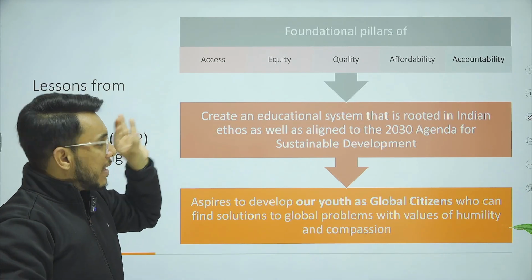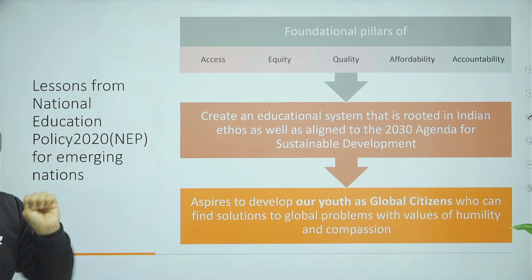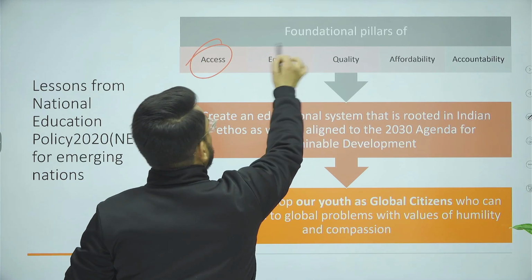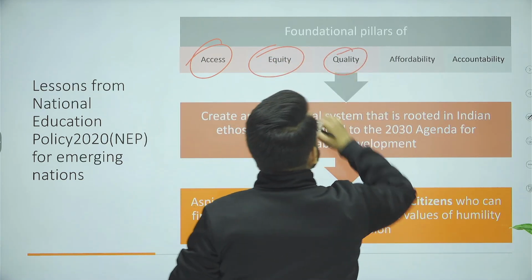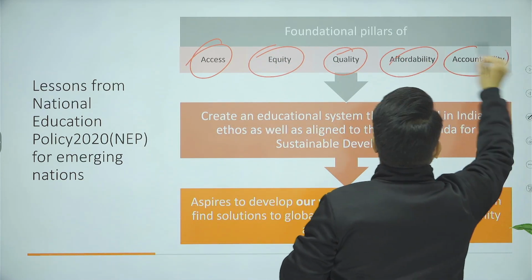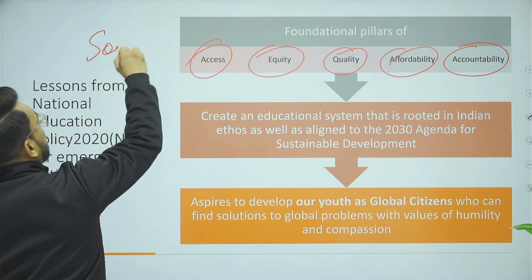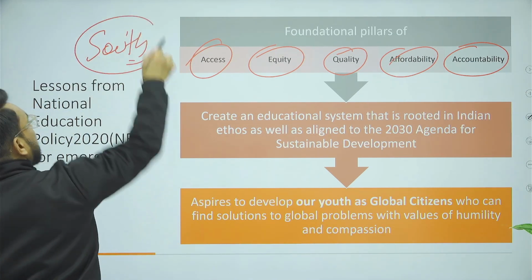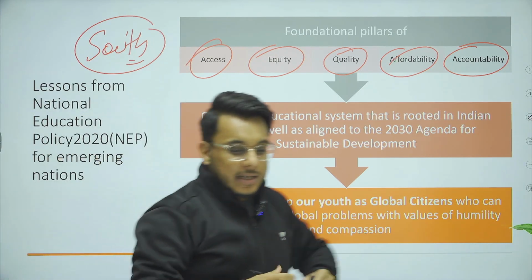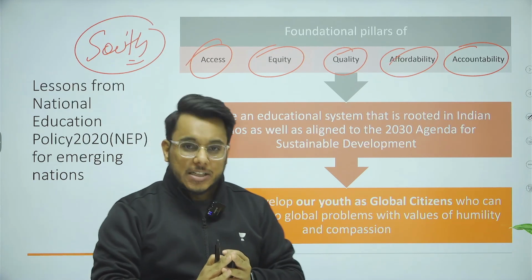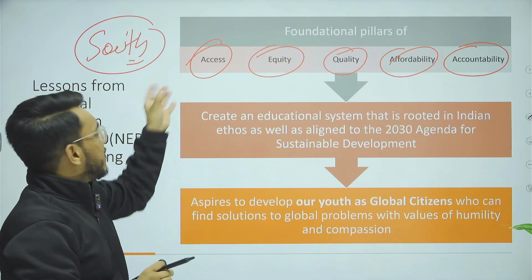For example, there are five foundational pillars of the National Education Policy: access, equity, quality, affordability, and accountability. Now, when we talk about the Global South, the countries there have similar social justice related challenges. Access is a very big problem.